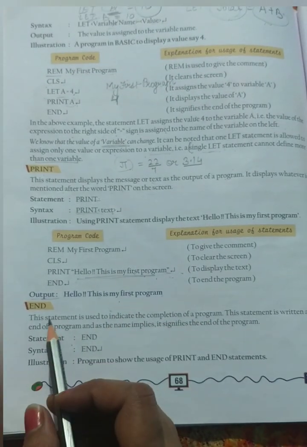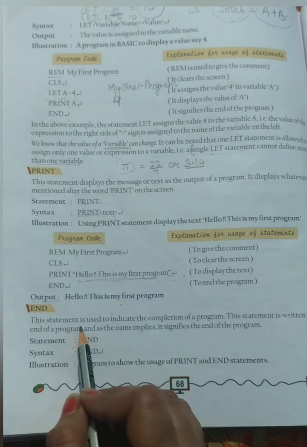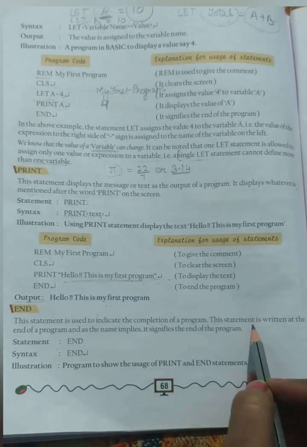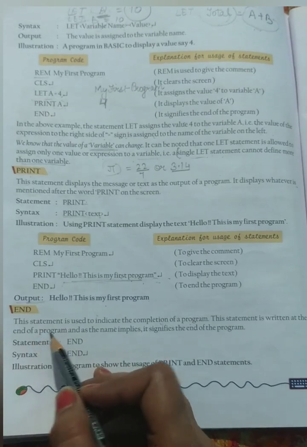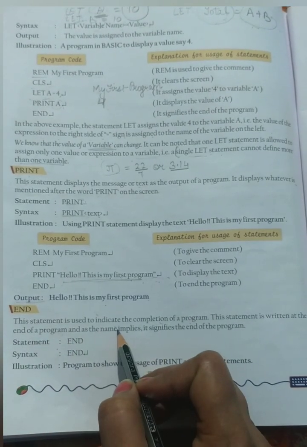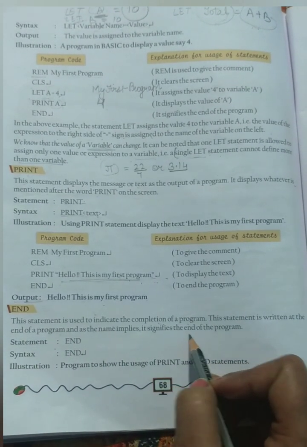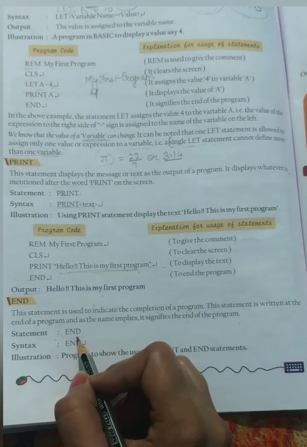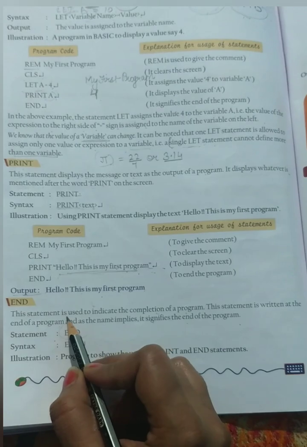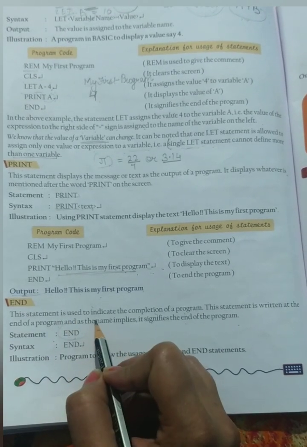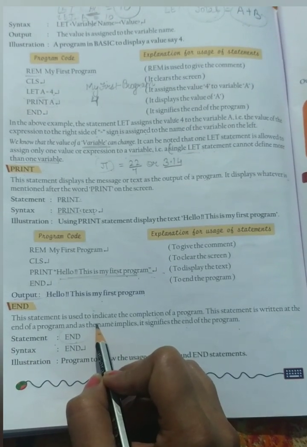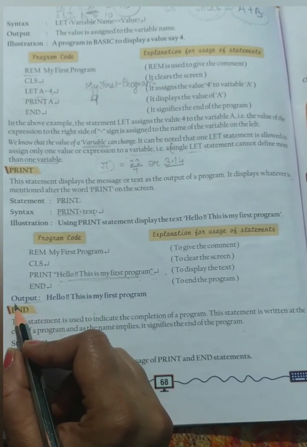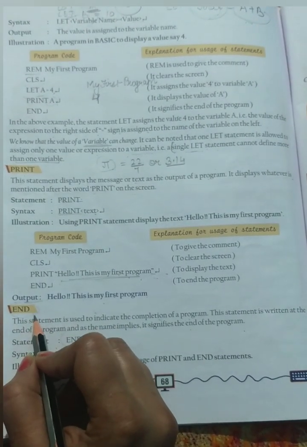Okay, next is end. This statement is used to indicate the completion of a program. This statement is written at the end of a program, and as the name implies, it signifies the end of the program. So as you can see, end means finish. In the same way in computer, when you are using BASIC language, whenever you write this statement end, this means that your program is complete.